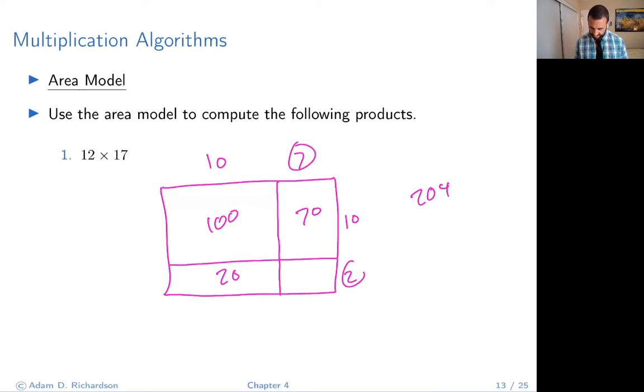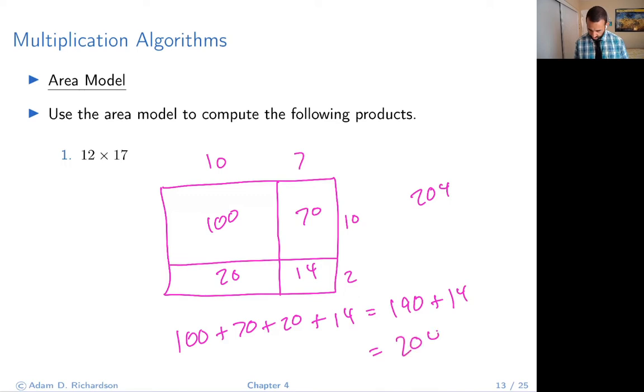And then what is 7 times 2? That's 14. So we're going to get 14 right there. And then we can add it all up. Let's see what we get. 100 plus 70 plus 20 plus 14. I see that this is going to be 190 plus 14, which is 204. Lovely. Got it, right? Pretty cool, I think.